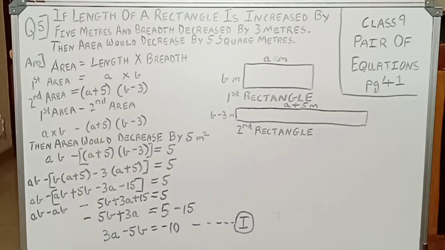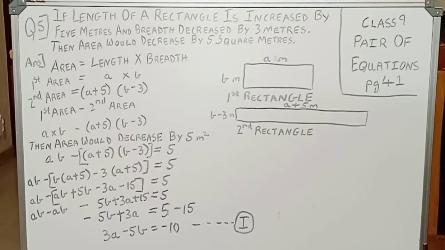That is why we have put AB, and b into 5 would be 5b. Minus 3 into a would be minus 3a, and minus 3 into plus 5, you will get minus 15. Okay, equal to 5.